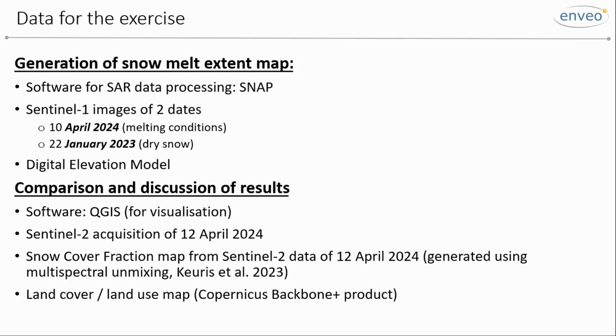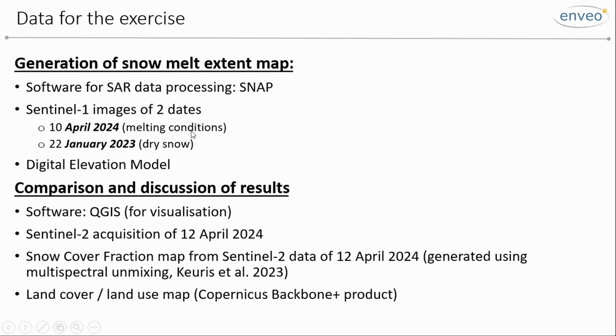For the exercise data, you have to do all the SAR processing in SNAP. I'm sure that you are experts on this after this week. We have 2 Sentinel-1 images, a simple approach, for 2 days: the 10th and 24th of April of this year, which is the one with the melting conditions.